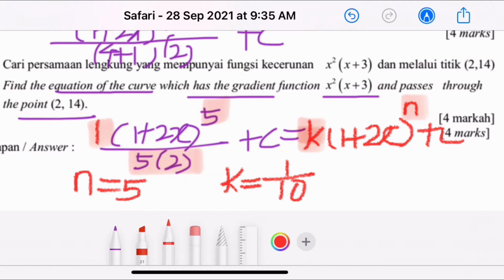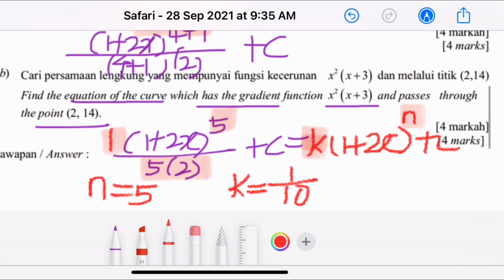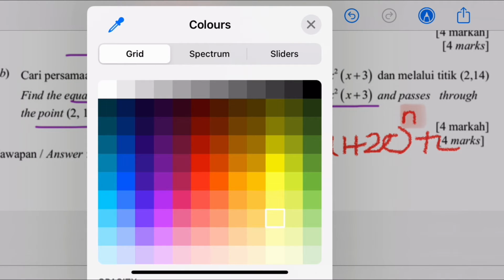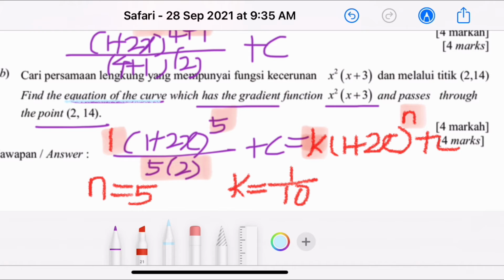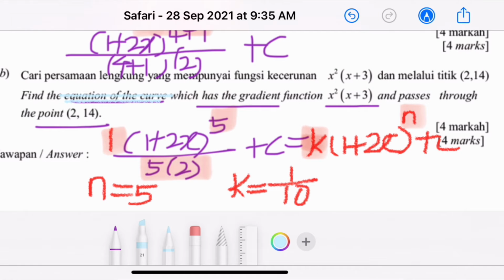Alright, settle. Now for part B, if they ask you to find the equation of the curve, the equation of the curve is something to do with integration. Let's see the equation of the curve here.